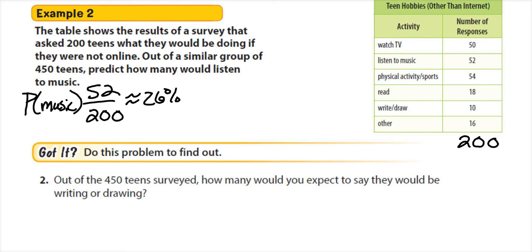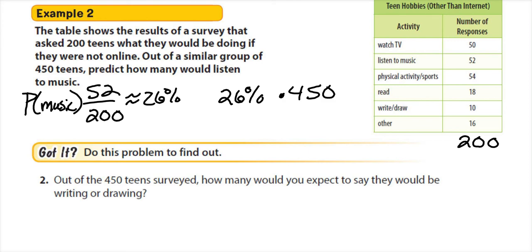Now we're going to find the population to be 450. So we need 26% of, which means times, 450. Okay, so 26% times 450. We're going to use second and left parenthesis for the percent sign, and then times 450.